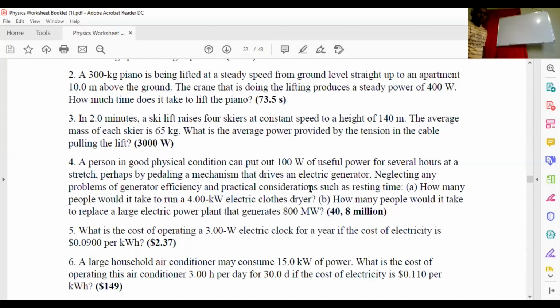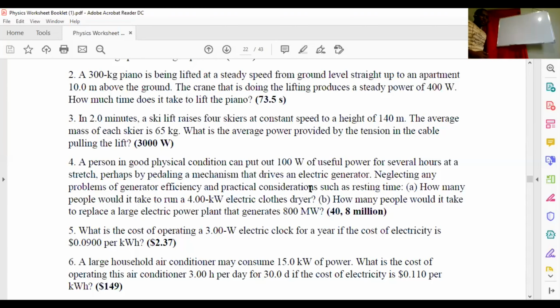The crane that is doing the lifting produces a steady power of 400 watts. How much time does it take to lift the piano? So we're given power, mass, and the height it is moved, and we need to find time.